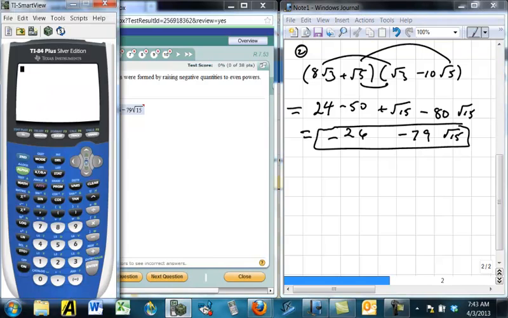So let's just check it out with the calculator real fast. Negative 26 minus 79 square root of 15. There's a decimal approximation.